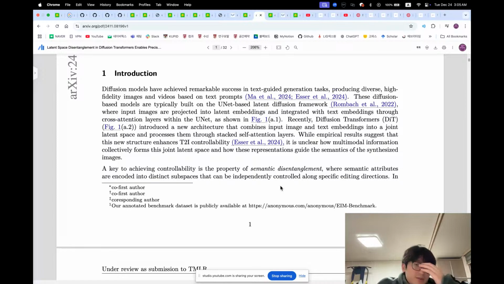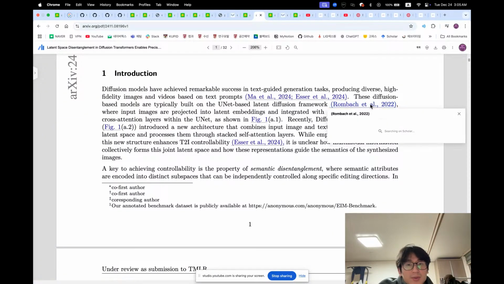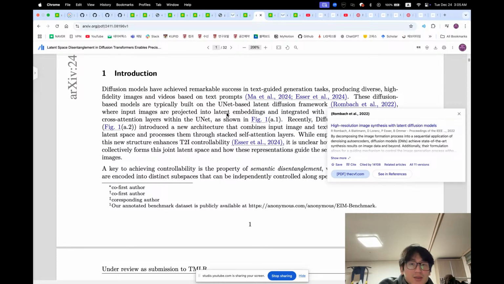Diffusion models have achieved. Stable diffusion, I guess.